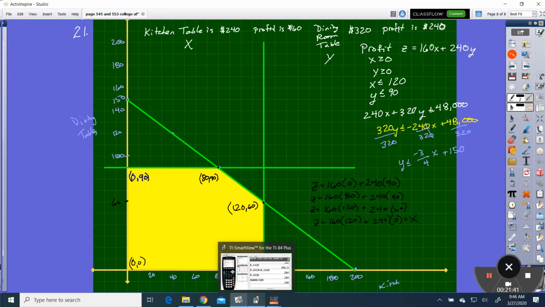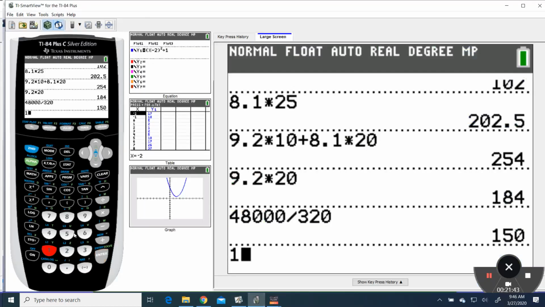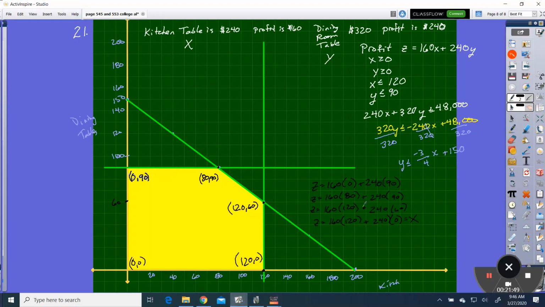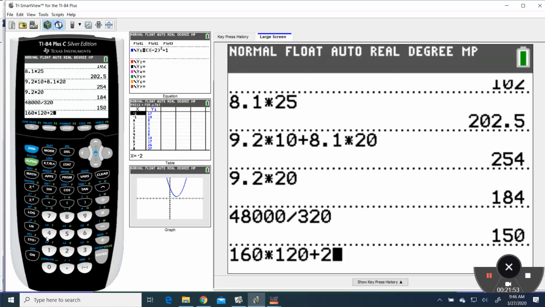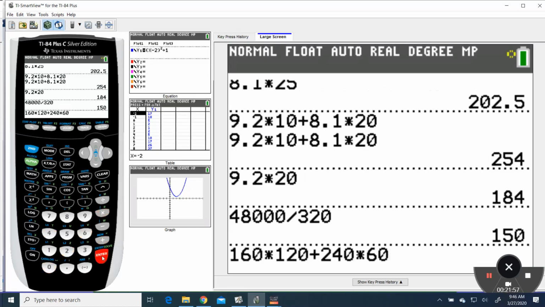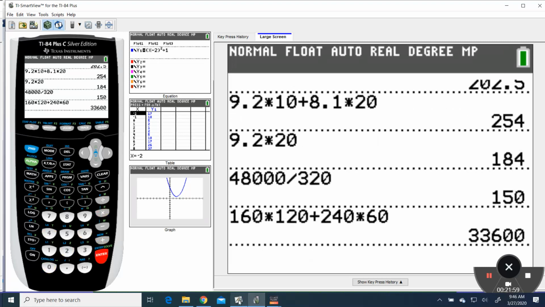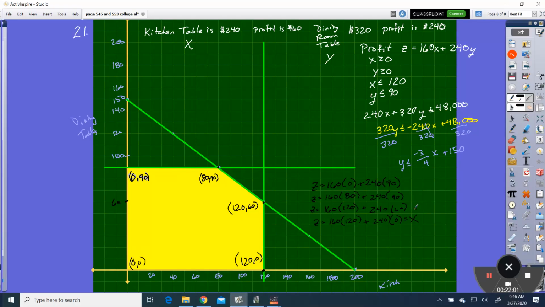So 160 times 120 plus 240 times 60. So 240 times 60, 33,600. And since this doesn't have an x and these y values are the same, I'm not going to worry about that one either.